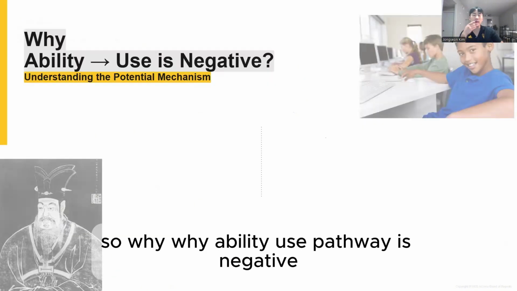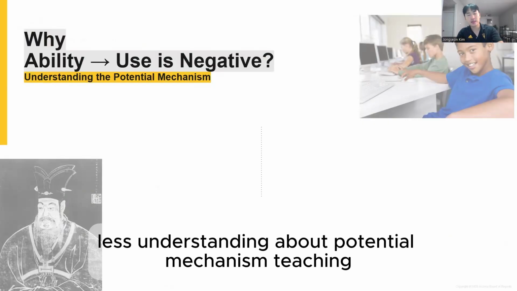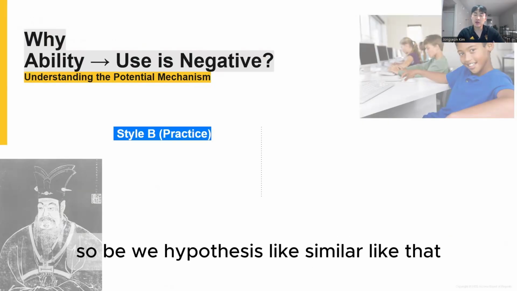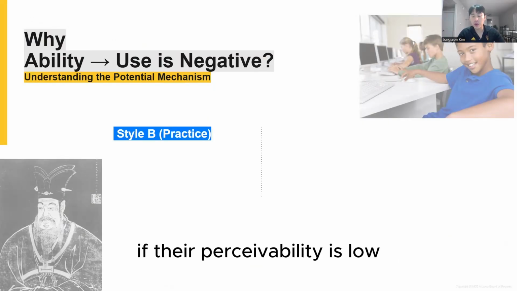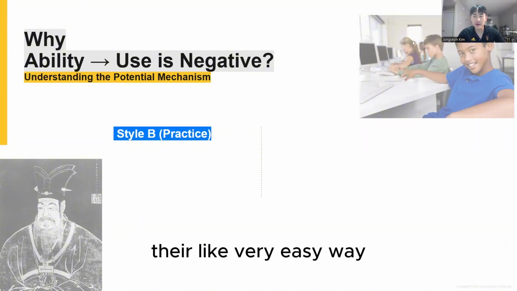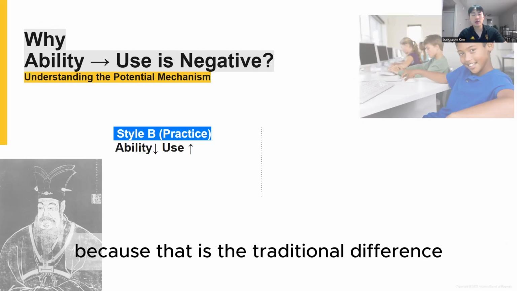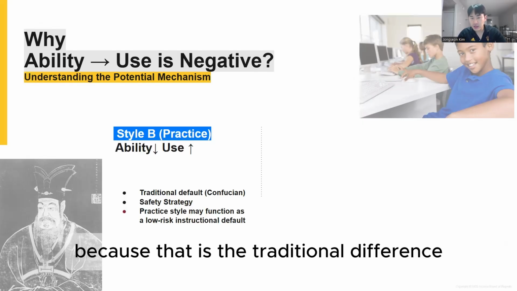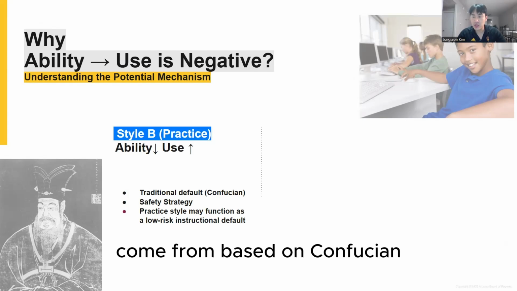So why? Why is the ability and use pathway negative? Let's understand the potential mechanism. For teaching style B, we hypothesize that if their perceived ability is low, they will more frequently use the very easy way, because that is the traditional default based on Confucian heritage culture.